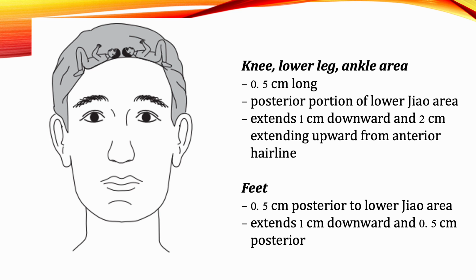It is 0.5 centimeter long and is located at the posterior portion of the lower jaw area. It extends 1 centimeter downward and 2 centimeters extending upward from the anterior hairline. Feet. 0.5 cm posterior to the lower jaw area. It extends 1 centimeter downward and 0.5 centimeter posterior.